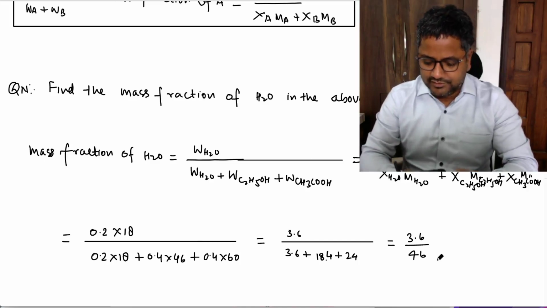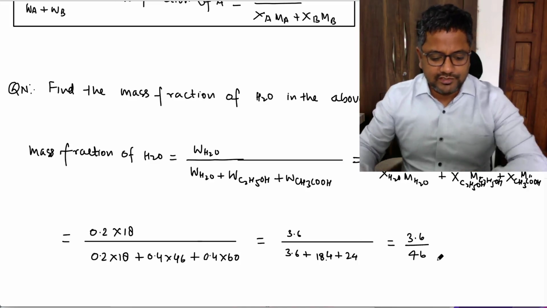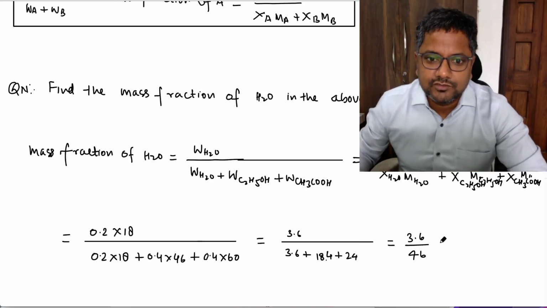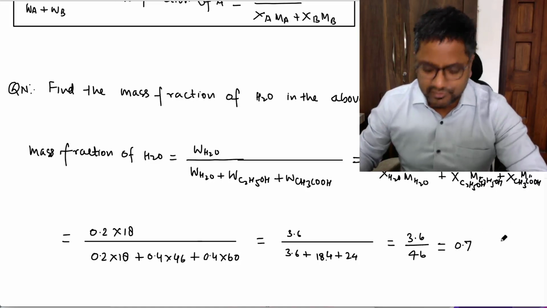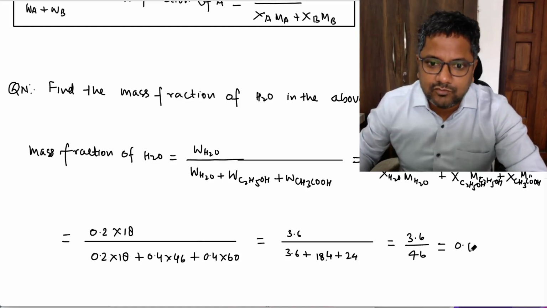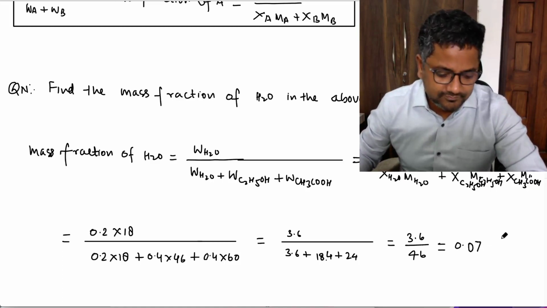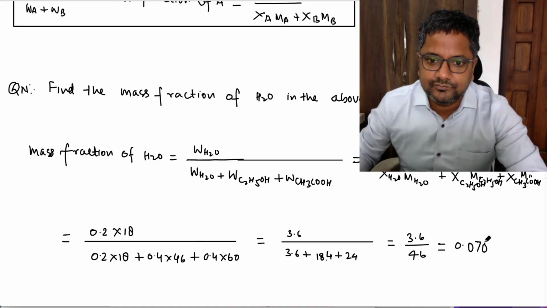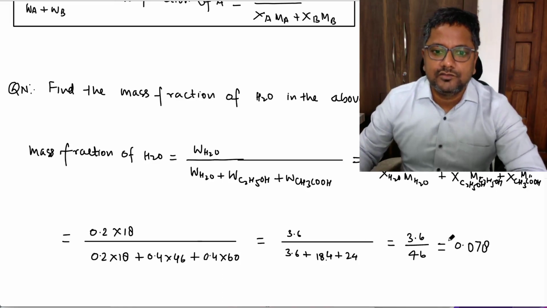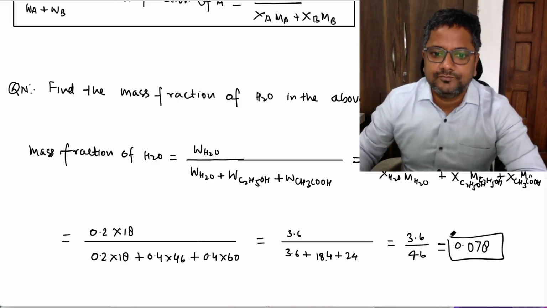So 3.6 divided by 46, so 0.078. So this is equal to 0.078. So this is the answer.